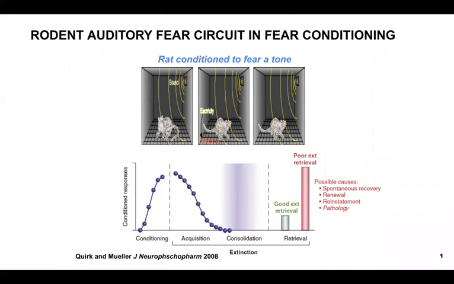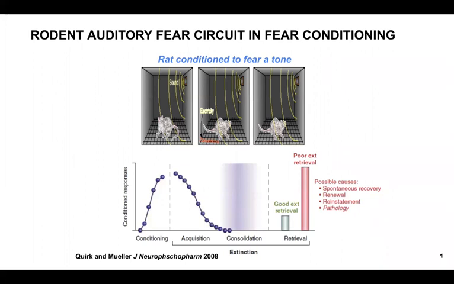Now, this phase of retrieving extinction memory can be divided into good extinction retrieval and poor extinction retrieval. Good extinction retrieval means that the rat is able to retrieve the extinction memory well. So it has learned to not associate the tone and shock, and it can retrieve that well later on.